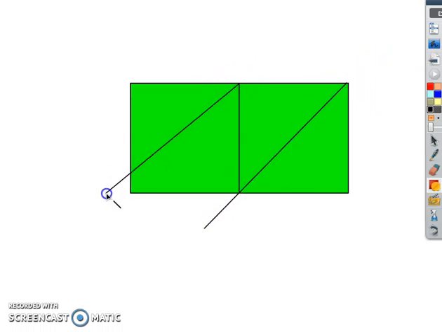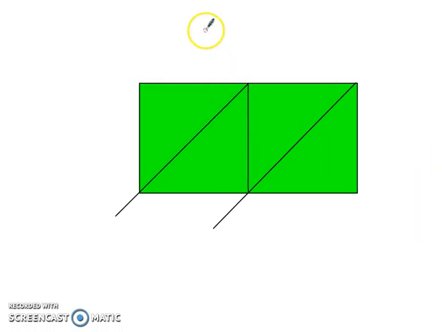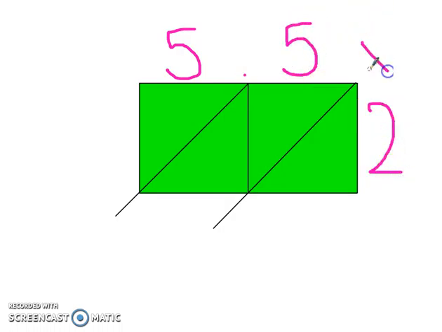You are timesing 2 digits, 5.5 times 1 digit. 5.5 times 2. And you multiply exactly the same. You find your answer.